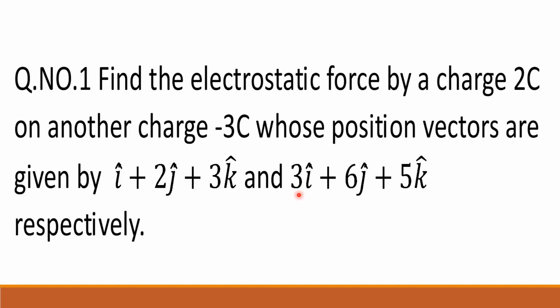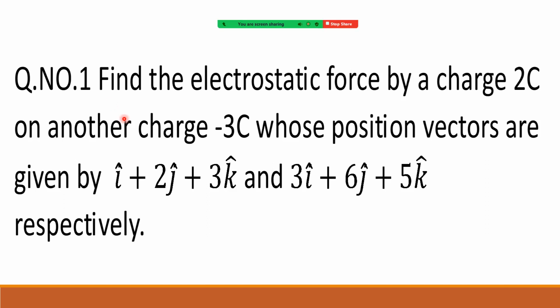Right. See the first problem. Find the electrostatic force by a charge 2 Coulomb on another charge minus 3 Coulomb, whose position vectors are given by i cap plus 2j cap plus 3k cap and 3i cap plus 6j cap plus 5k cap respectively.